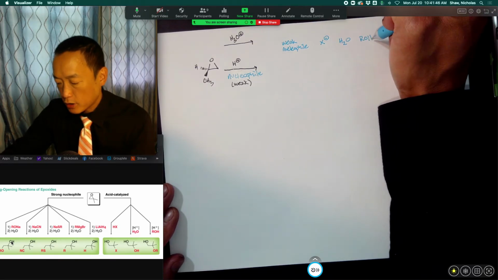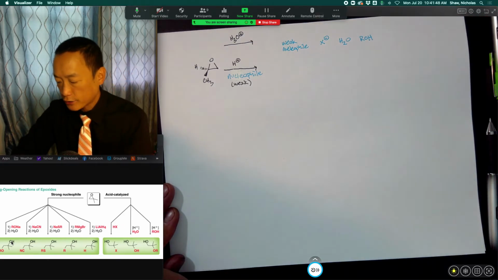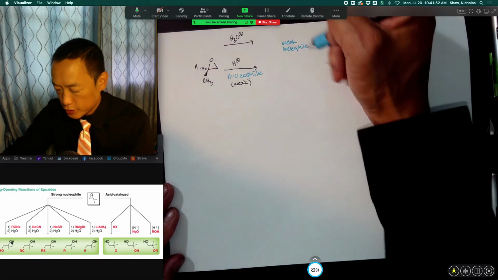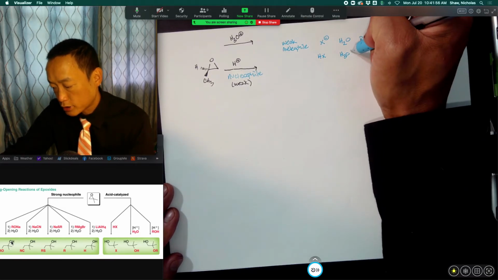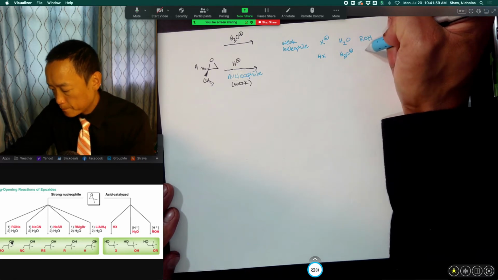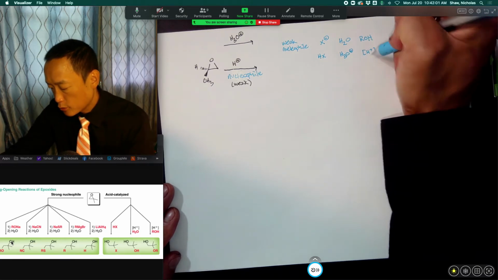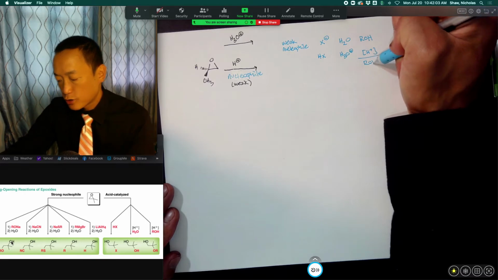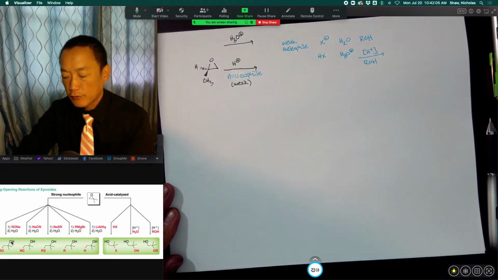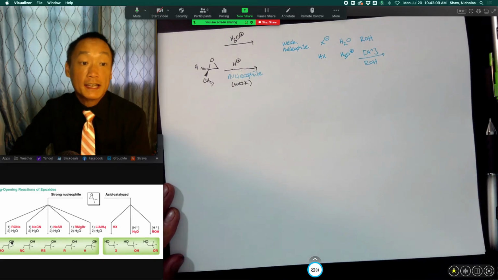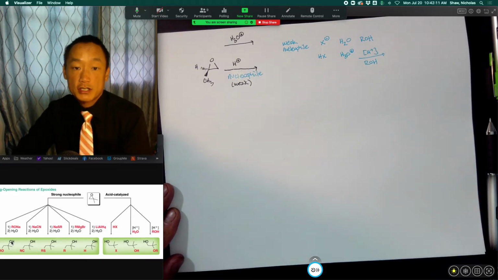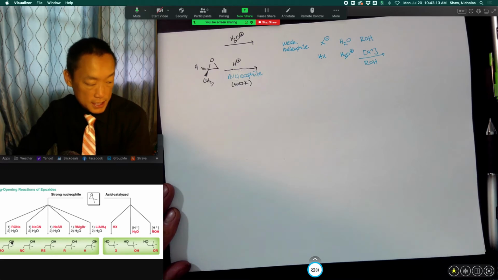All of these are going to be your weak nucleophiles that are added in the presence. So you'll see this listed as HX, H3O plus, or H plus over ROH. And know that the H's here, the plus charges, are indicators that you are undergoing this reaction under acidic conditions instead.